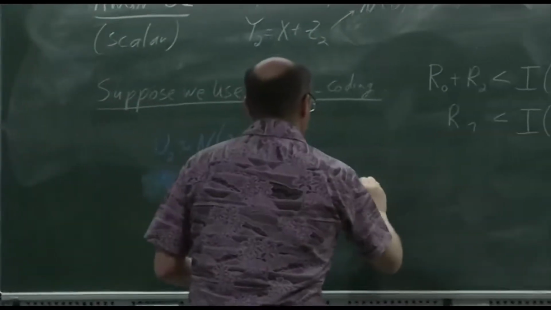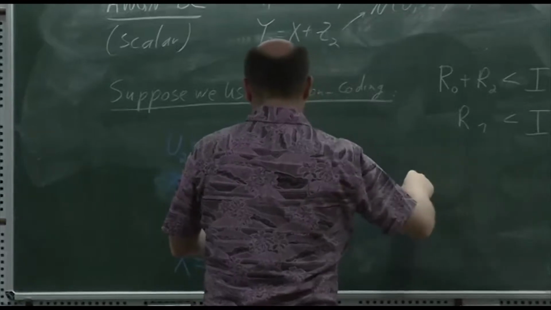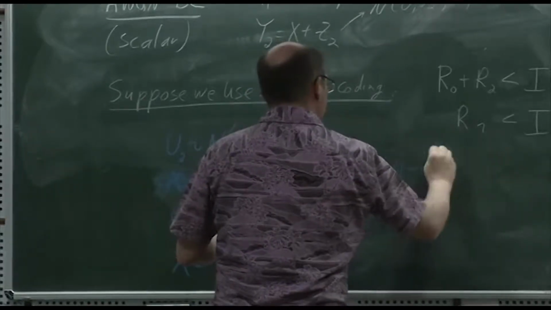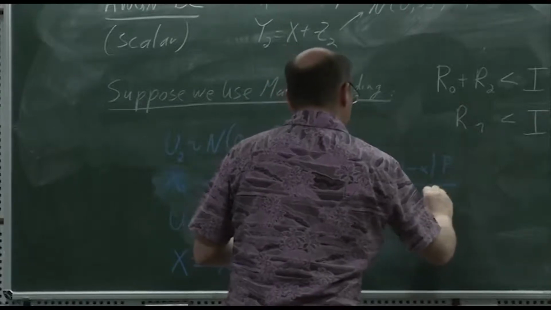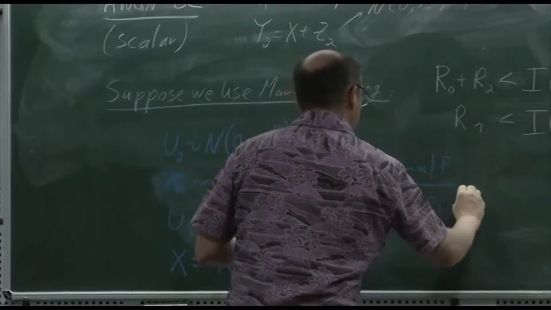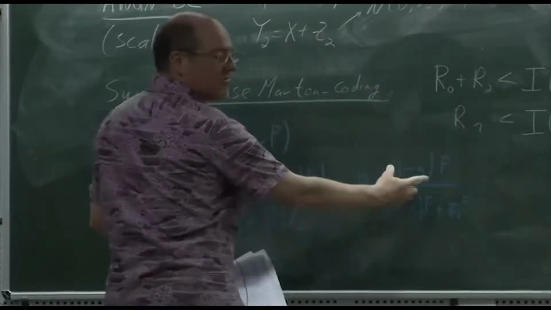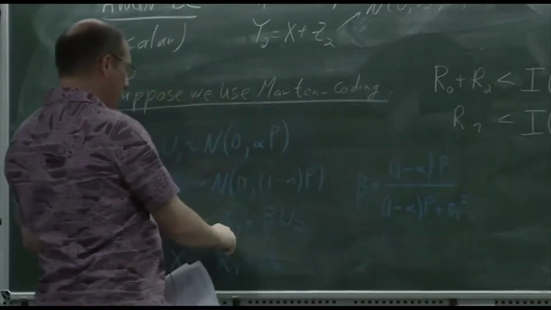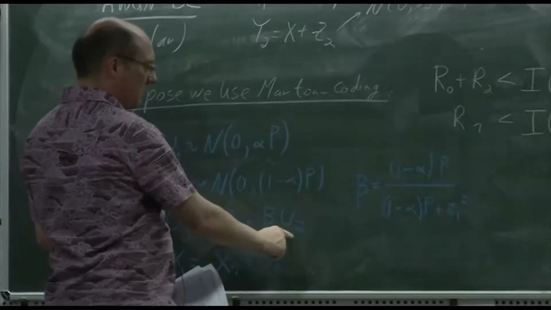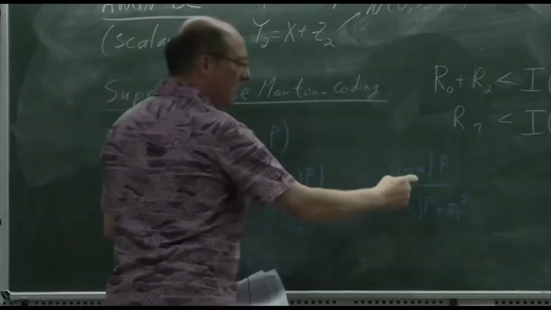Beta is the signal to noise, p over p plus n. And here p over p plus n is (1 minus alpha) p over (1 minus alpha) p plus sigma 1 squared. Remember for our parameter alpha, this was x1 plus alpha state, and alpha was p over p plus n.